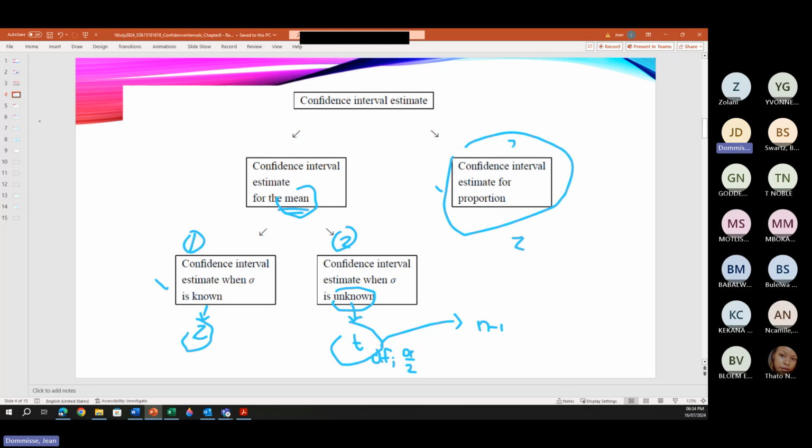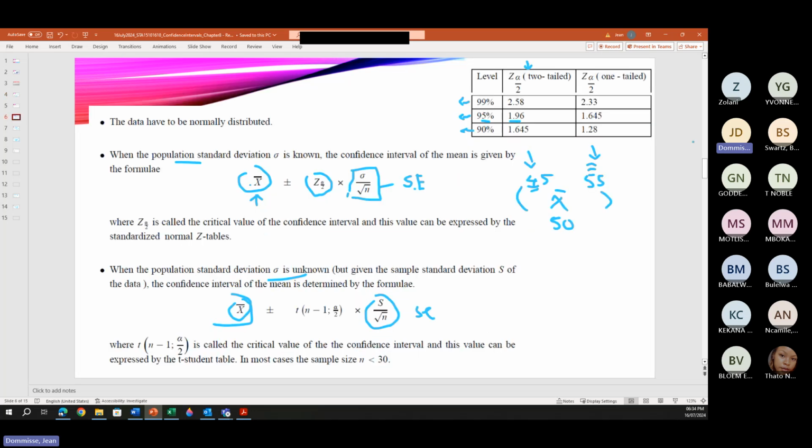And for proportion, we will always work with a Z. So then if we look at the formulas, what it normally is, and Zolani, I'll be with you now, is that you sit with the mean or proportion, then plus minus the thing that you add or subtract is your Z or your T times your standard error. Yes, question.